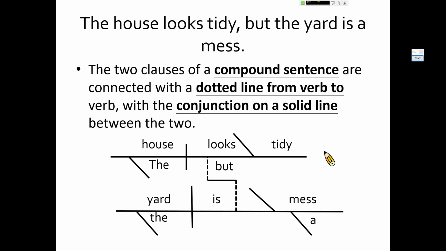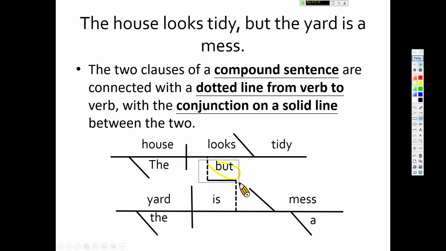Okay, then we have a coordinate conjunction to connect two clauses. And this is the structure. Basically, we use but. This is the coordinative conjunction. So it's a dotted line, and this is a horizontal line, and the dotted line connects two verbs together.